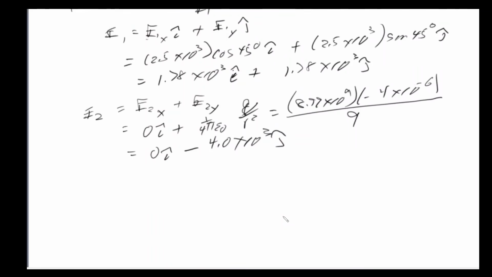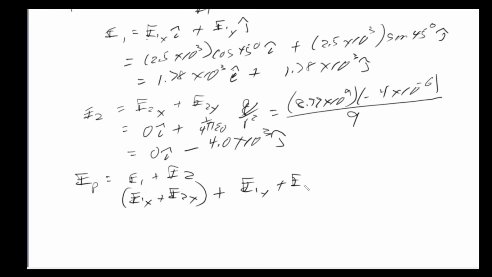So to add E1 and E2, E at P is equal to E1 plus E2. So that would be E1 in the x direction plus E2 in the x direction, plus E1 in the y direction plus E2 in the y direction.